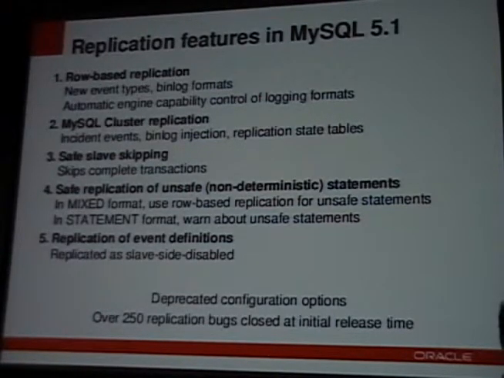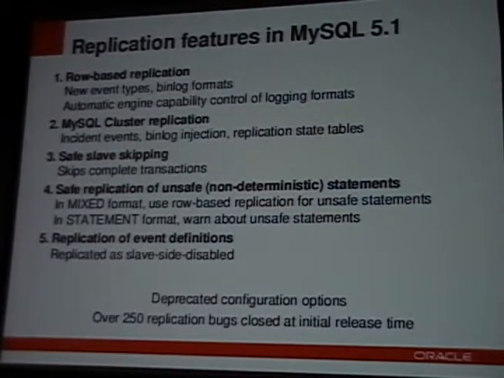So the way we did it is that we replicate over the event definitions to the slave, but we keep them disabled on the slave. So you get the effect from the master through replication, and if you want events to be enabled also on the slave, you need to do it by some kind of procedure.